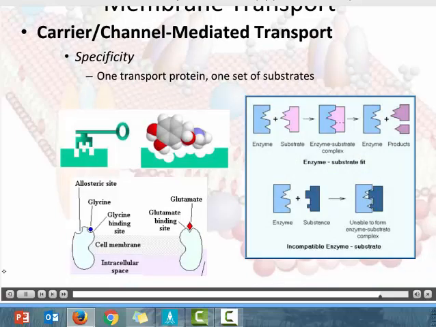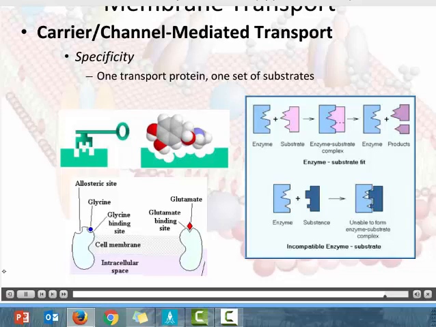And then that binding on our carrier protein is going to cause the protein to change shape. And when the protein changes shape, it allows the molecule to pass across the membrane. So remember, we have specificity, one transport protein for one kind of substance.